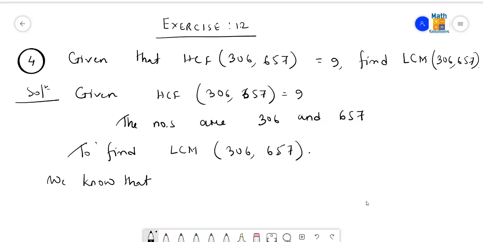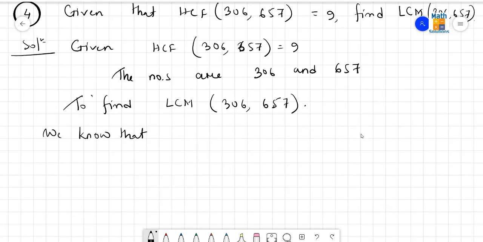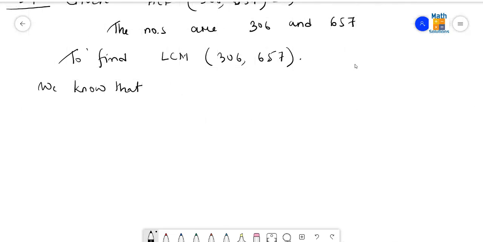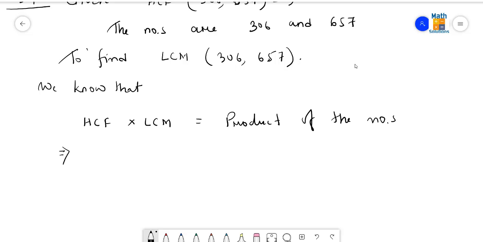Now in this case there is one formula: HCF into LCM is equal to product of the numbers. So in this case HCF is already given to us and the result is 9 here.